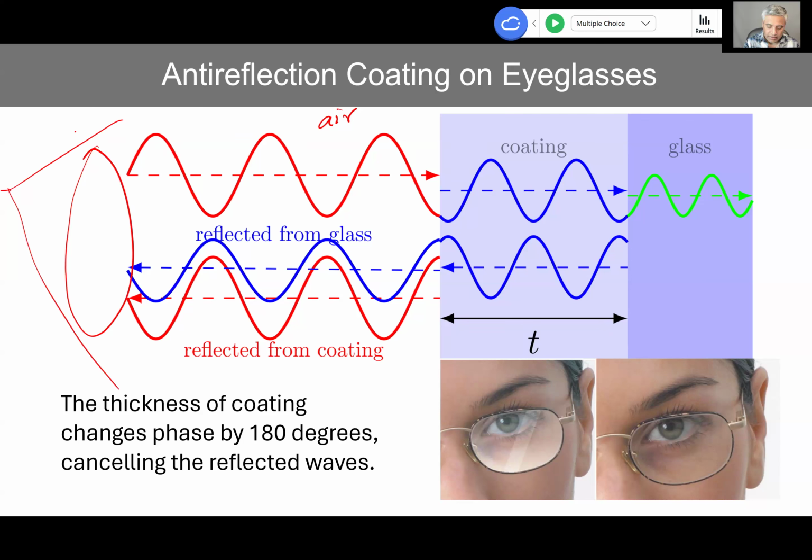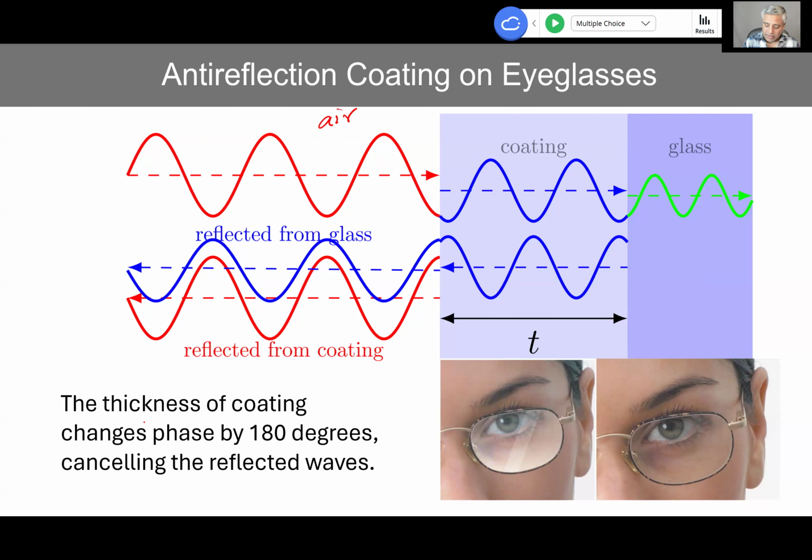So we are looking from the side of the eye. Now what happens? The light from the object comes to our eye, enters the eye, and that's what makes the image, right?